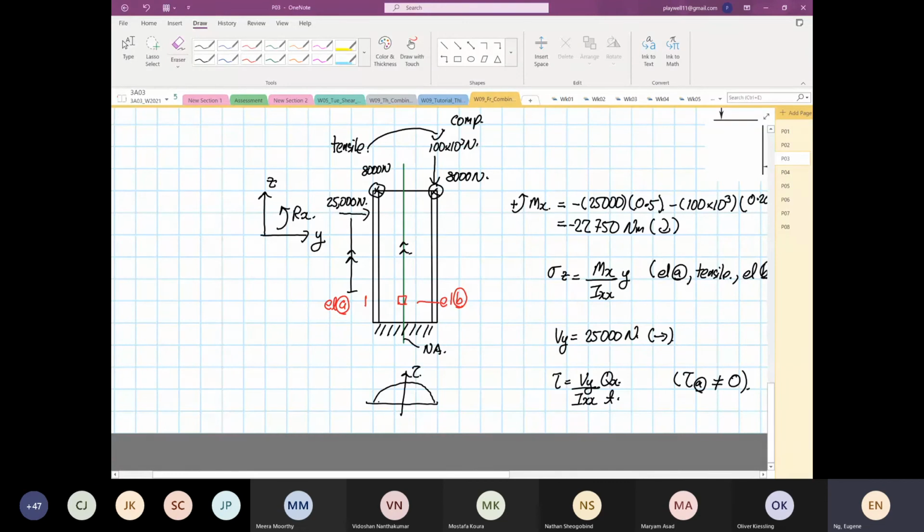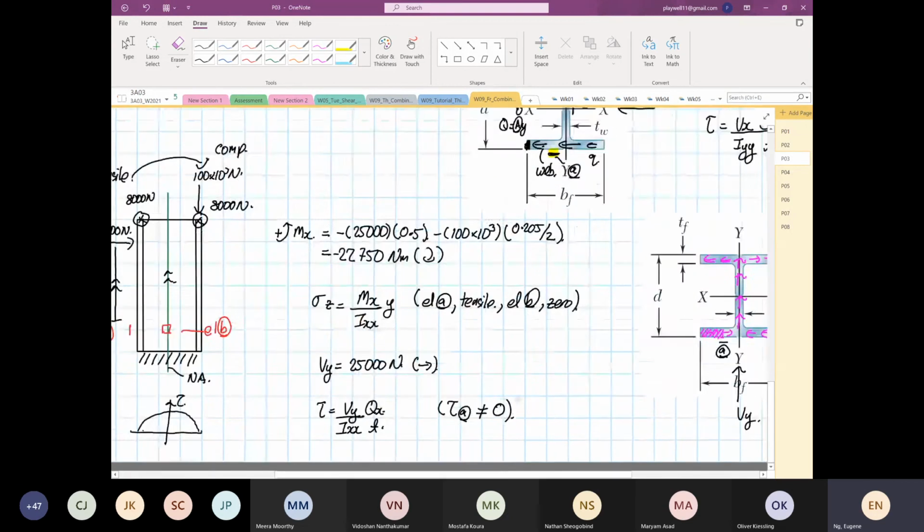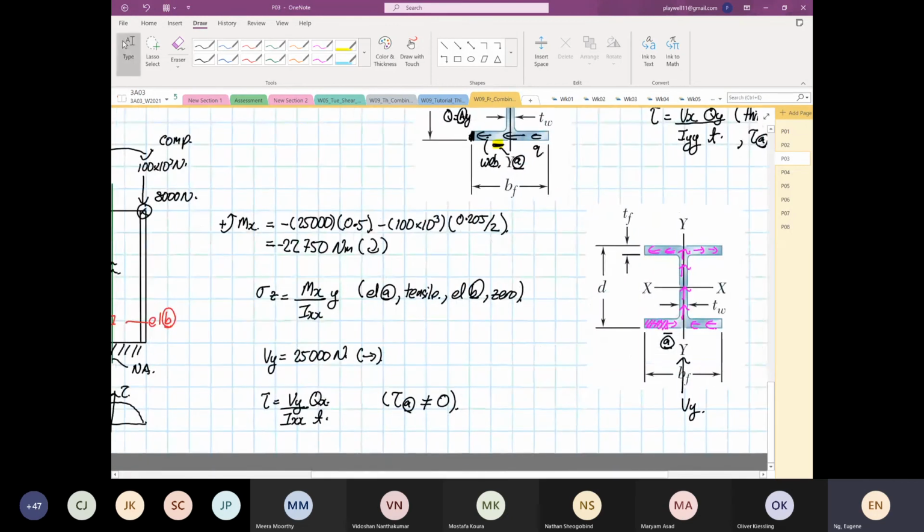Nothing wrong with that if and only if it's a thick wall analysis, but we're not handling thick wall. So in terms of shear, you have to be very careful. Based on this, I'm very sure that the shear stress at point B will be its maximum, because element B is down here.